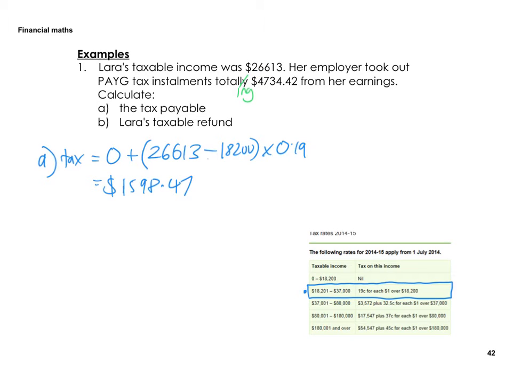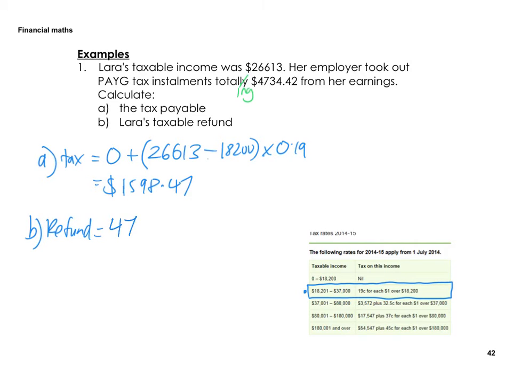Now for Part B. We know it's a refund because the question said refund. So refund equals. Now, she needs to pay this, and she actually paid that. So obviously, what she actually paid minus what she needs to pay will be her refund.